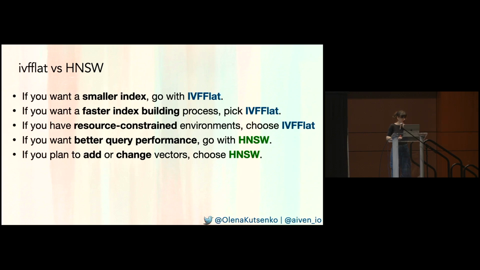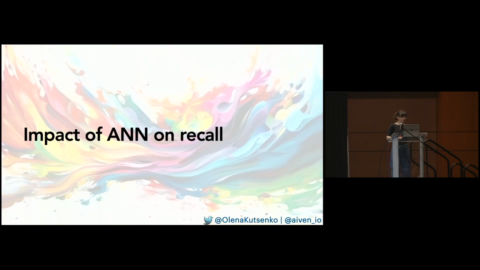So these are indexes. When we're talking about indexes, we should also talk about a metric called recall in vector search. Recall is how close the results you retrieved with vector search are to the true nearest neighbors.